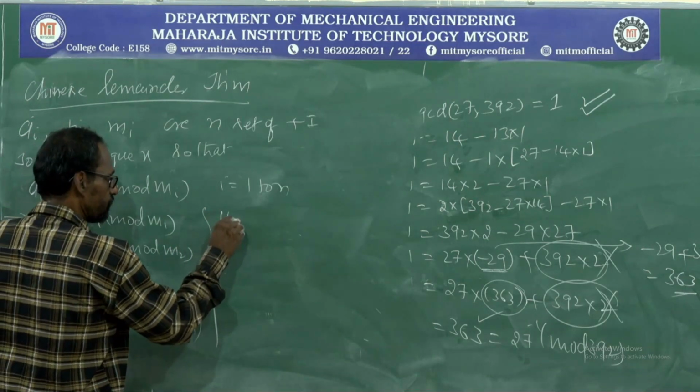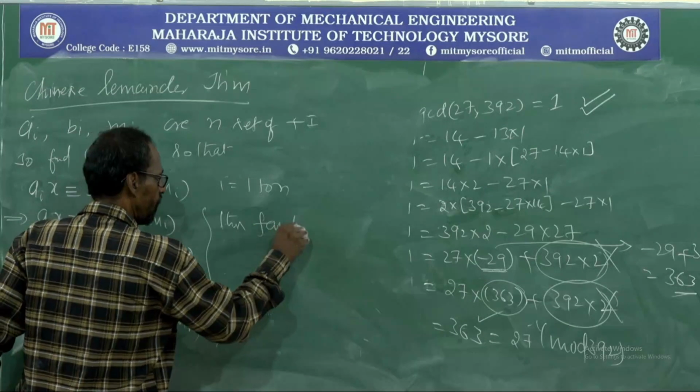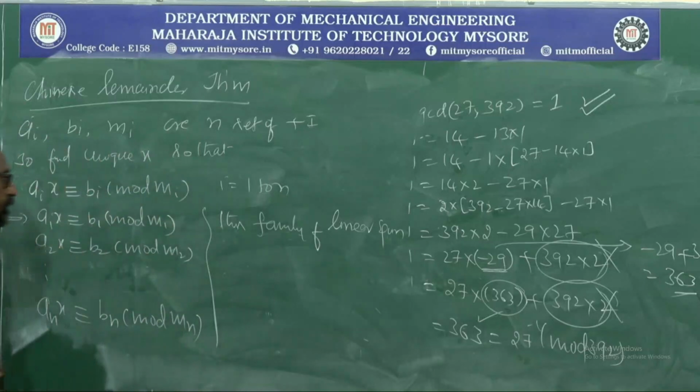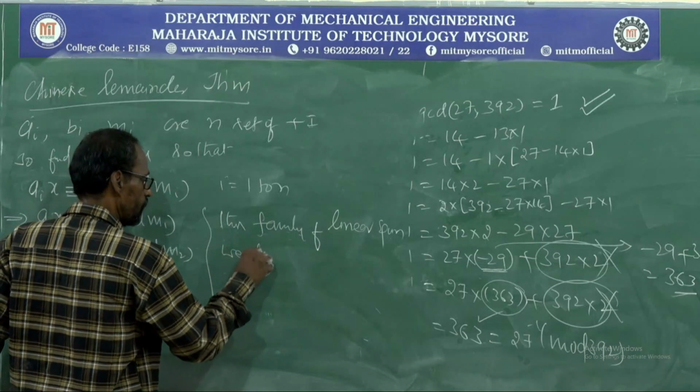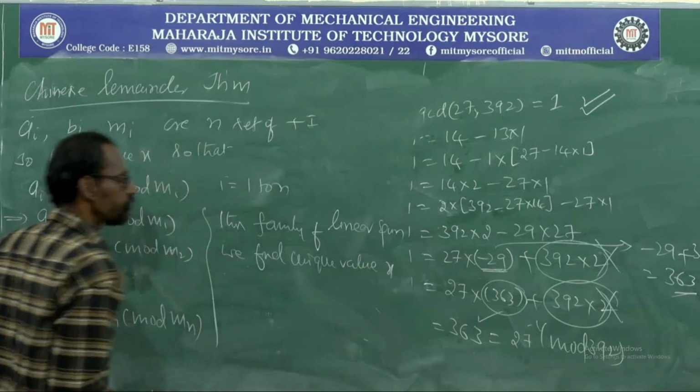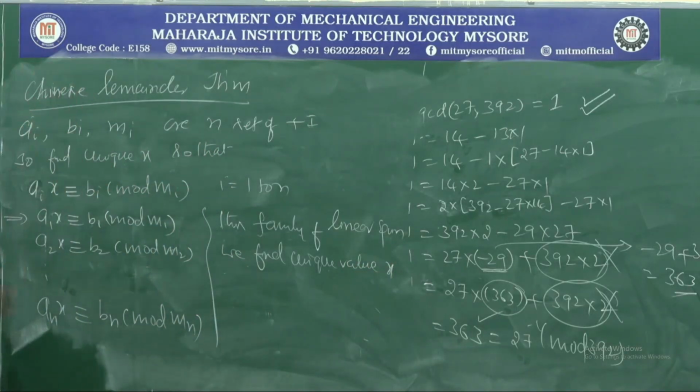For this family of linear equations, I will be finding a unique value of x. When you have n linear equations, I need to find a common solution to that set of equations, and that is going to be x.